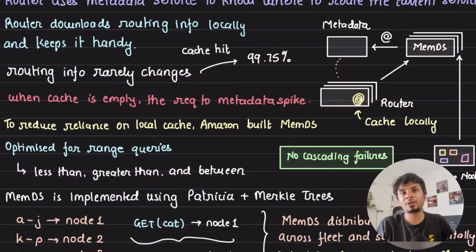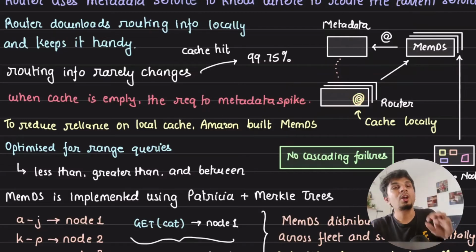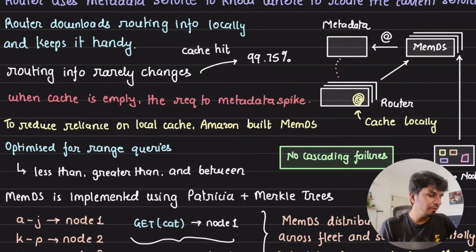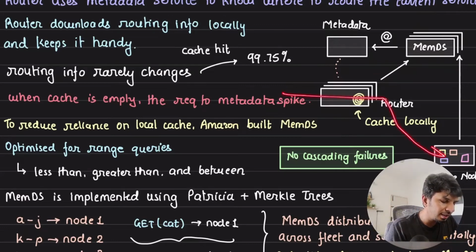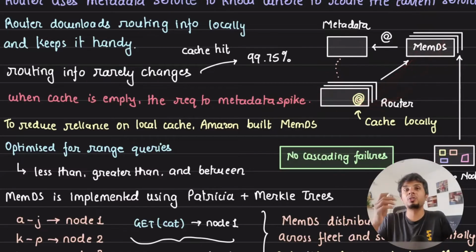This is a really important high-level design practice. To build a highly available system, this is a very common practice: you are not in a synchronous request-response, you are not relying on MEMDS a lot, but still asynchronously you are firing requests at MEMDS just to keep it handy.